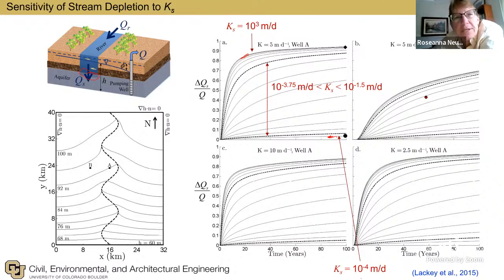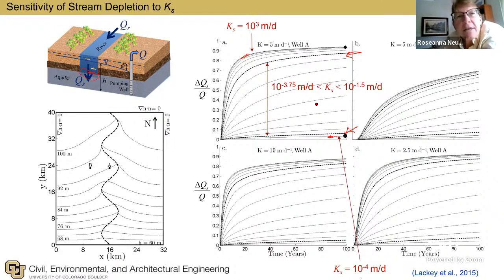But what I really want to focus on is these dashed lines right here and one right here. And these are the lines for hydraulic conductivities of 10 to the minus 3.75 meters per day up to 10 to the minus 1.5 meters per day. That's really where we have the most variability in stream depletion.